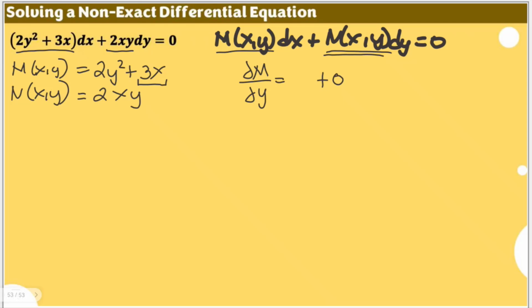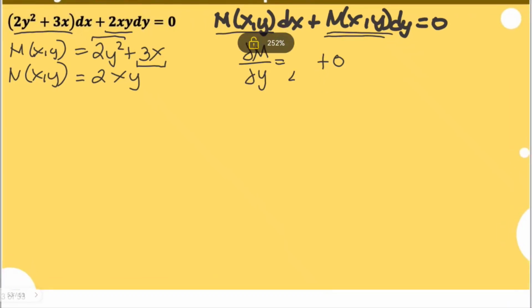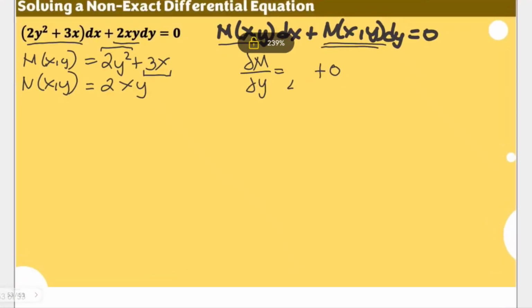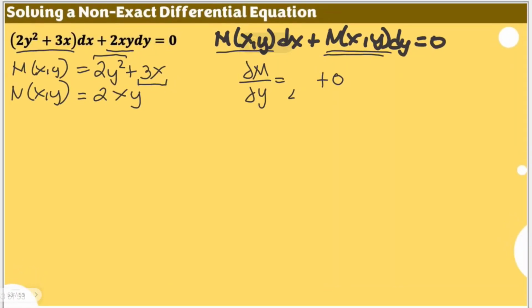For our first term, since it only has y, you simply take its derivative, so that's 4y, or 2 times 2y. So basically the final answer here is 4y.